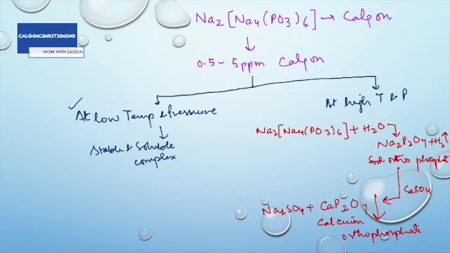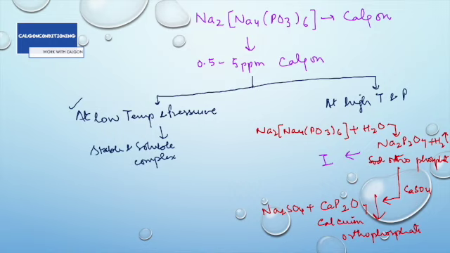So here, in the case of high temperature and pressure boilers, Calgon is converted into sodium orthophosphate. This is our first step. Then this sodium orthophosphate reacts with the calcium salt to form calcium orthophosphate, which is a loose mass of precipitate.